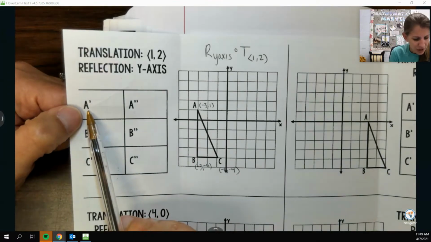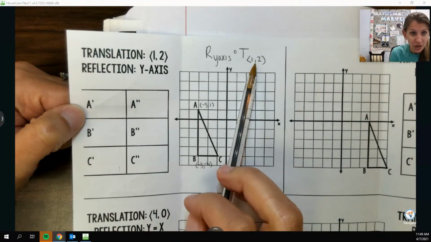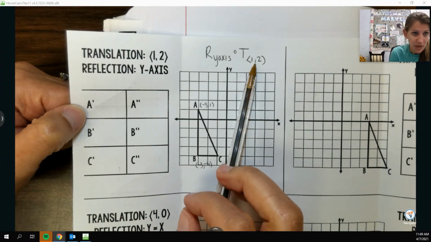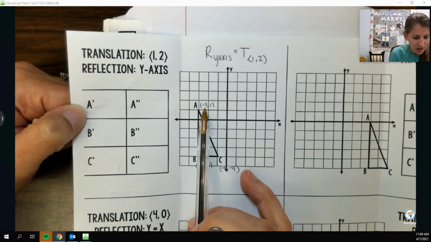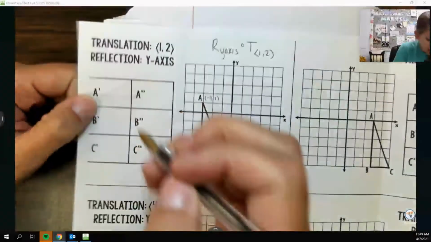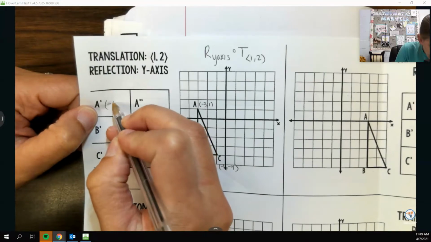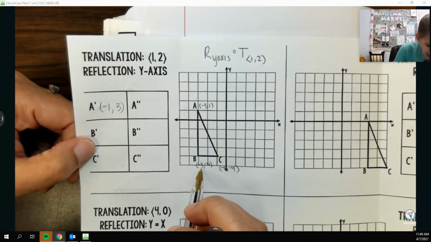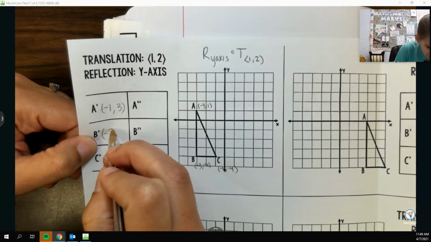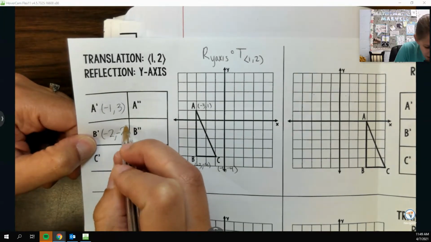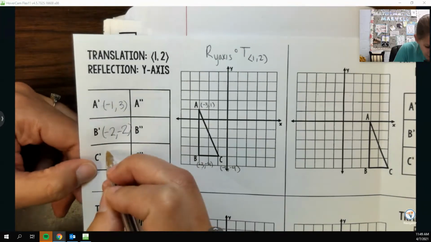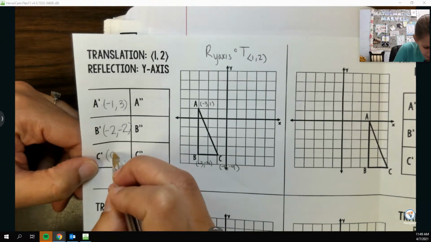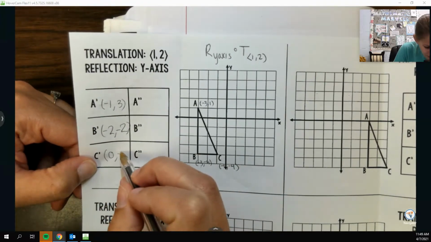So if we start with A prime, I first need to do my translation of 1, 2. So I'm going to add 1 and add 2. So -1, 3. B prime, I'm going to add 1 and then add 2. And then for C prime, I'm going to add 1 and then add 2.